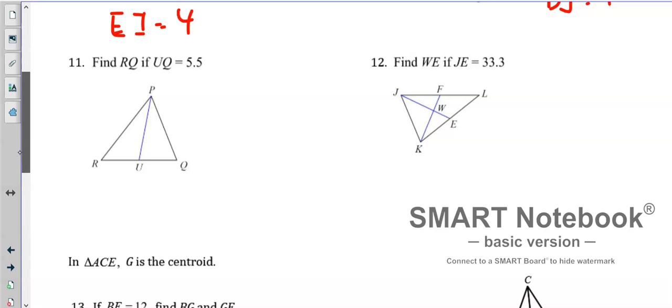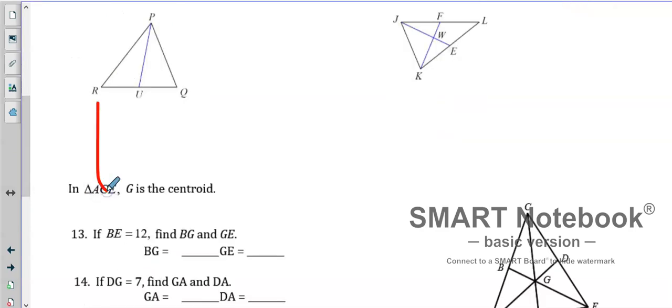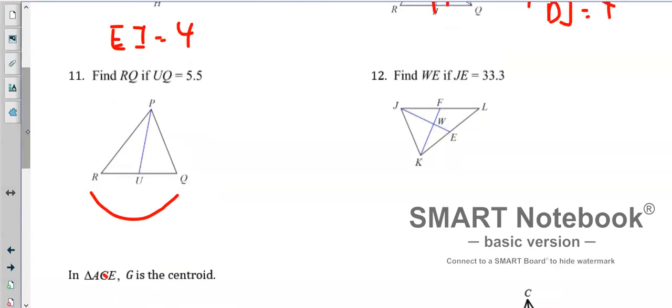Find RQ. We're trying to find the whole thing. If UQ is 5.5, well, that means this is also 5.5, which means RQ is 11. Okay, here we have JE is 33.3.